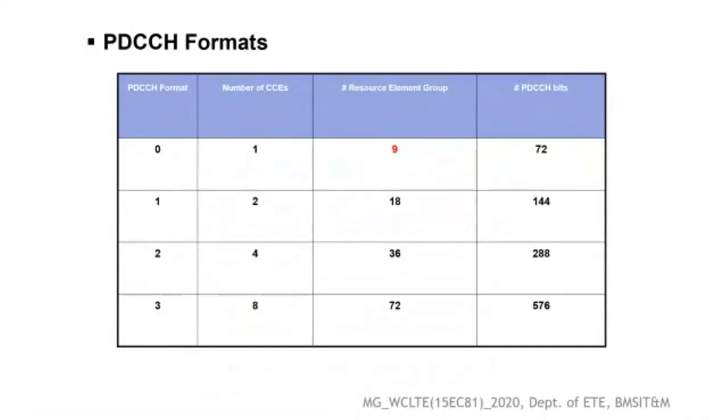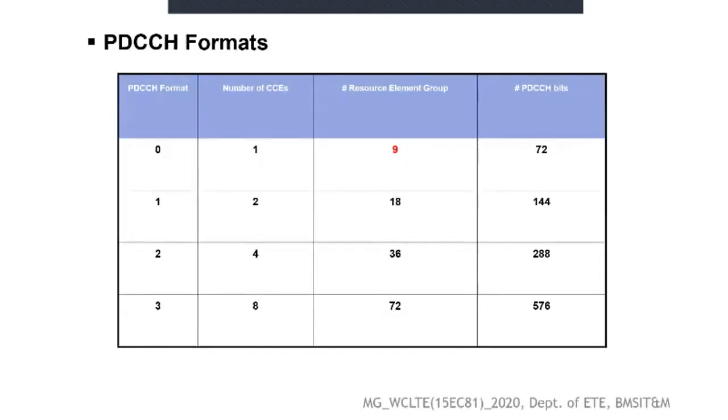It has 4 formats. For physical downlink control channel format 0, the number of control channel elements used is 1, and they are grouped into 9 resource element groups. We know what a resource element is.